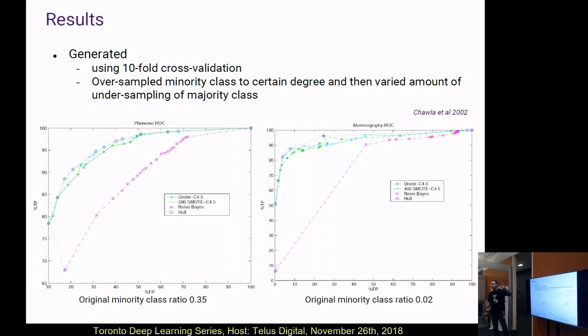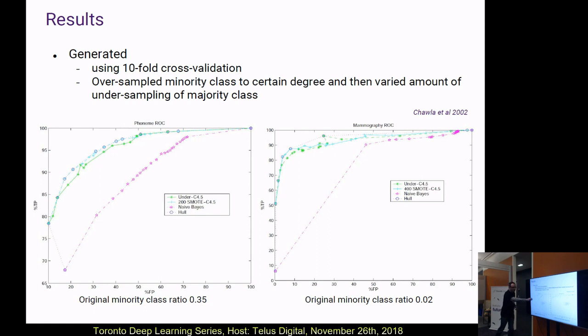So if you imagine a situation where your true value is your minority class, you're trying to figure out how many you got accurate from that minority class, which is represented on the y-axis, and how many you got accurate from your majority class on your x-axis.